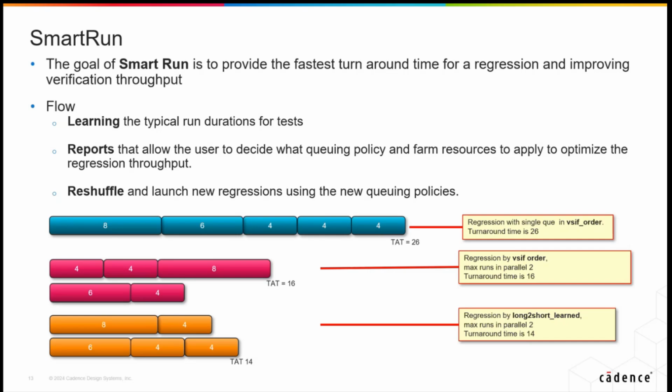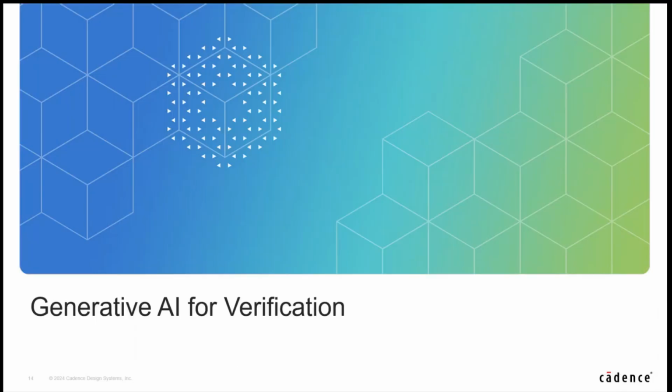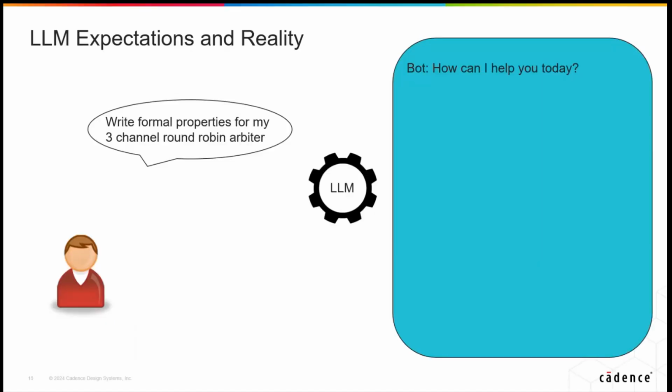All right. So let's talk about generative AI and where this is going. I think we talked a little bit about this. It's really hallucinations. It would be awesome if we could just open up something like ChatGPT and say, hey, I need to write some properties.